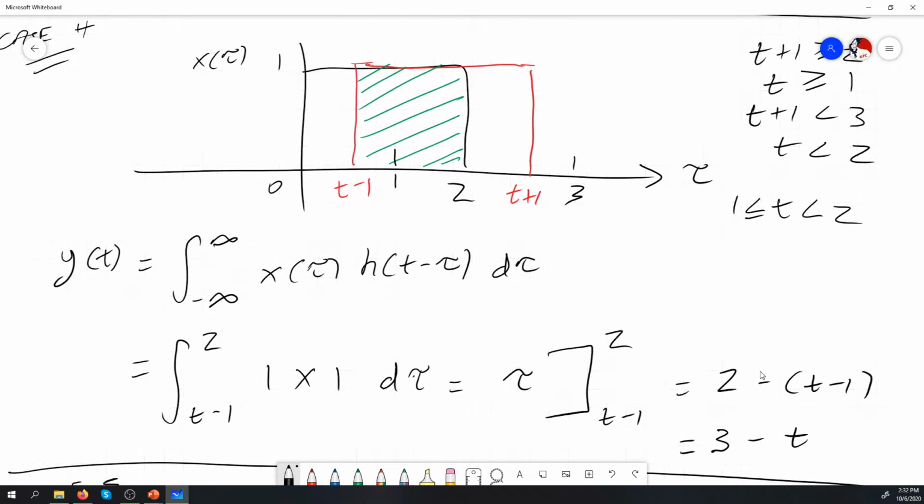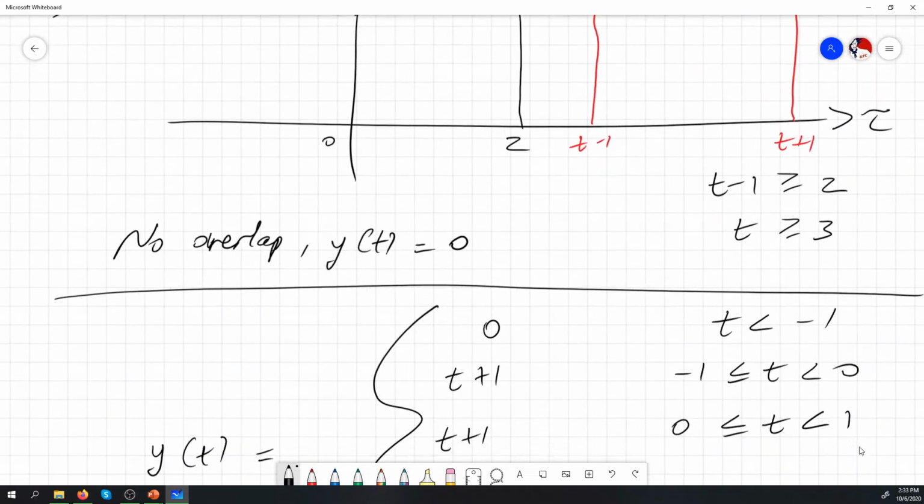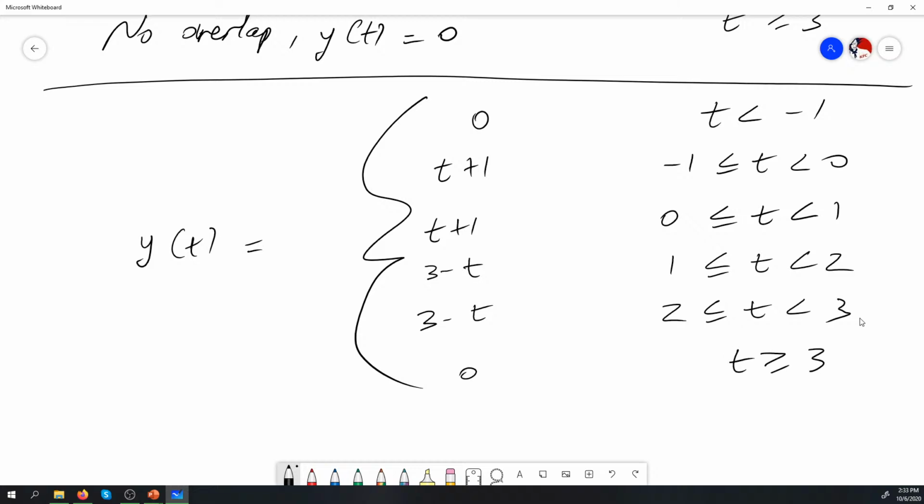For cases 4 and 5, we had the same equations, which was 3 minus t for our next time ranges. So this will be 3 minus t for 1 less than or equal to t less than 2, 3 minus t for 2 less than or equal to t less than 3, and then 0 for t more than or equal to 3.